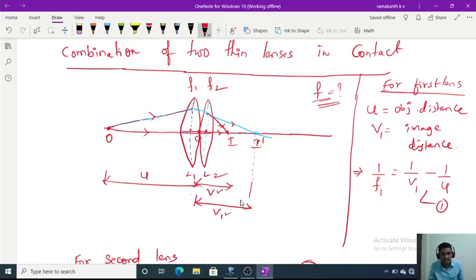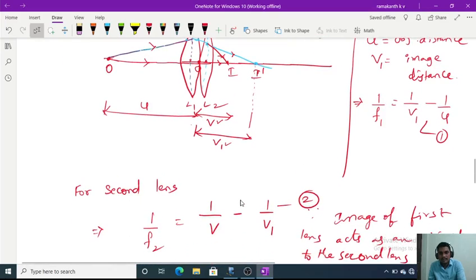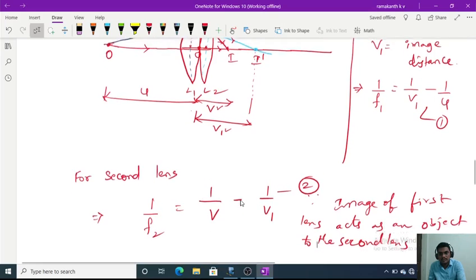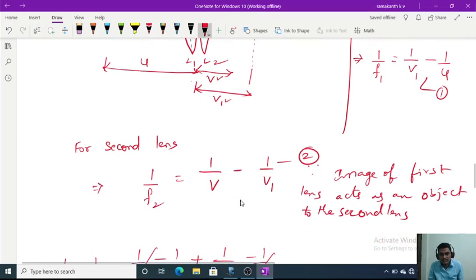The corresponding lens formula will be 1 by f1 equals 1 by v1 minus 1 by u. But actually, because of the second lens, the image will be observed at I, not at I dash. That is why the final image distance will be v. For the second lens, 1 by f2 equals 1 by v minus 1 by v1, so we are getting the image at v.